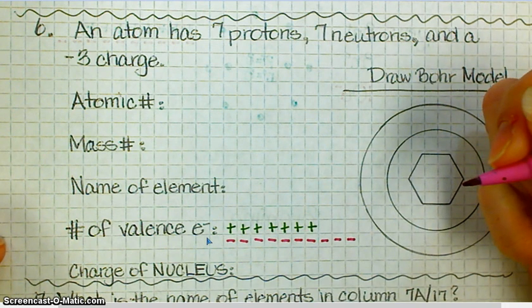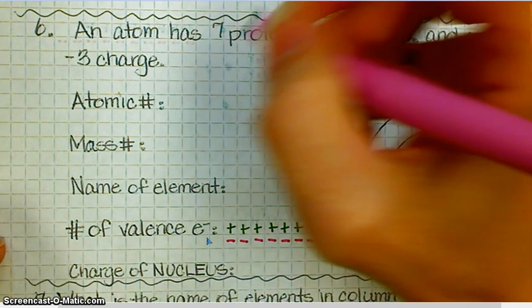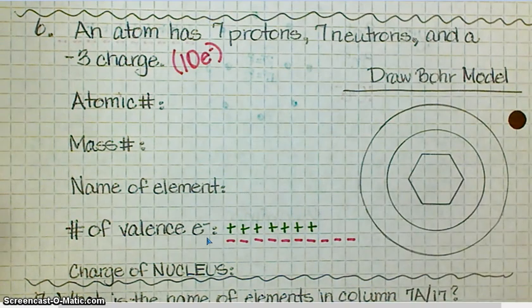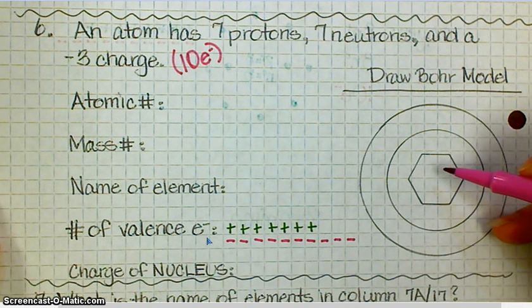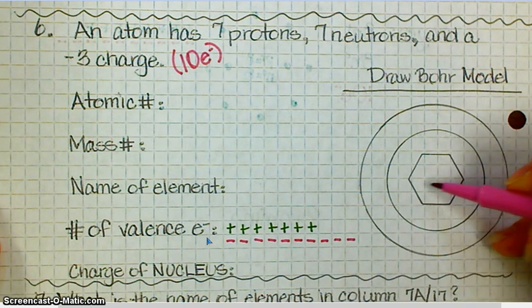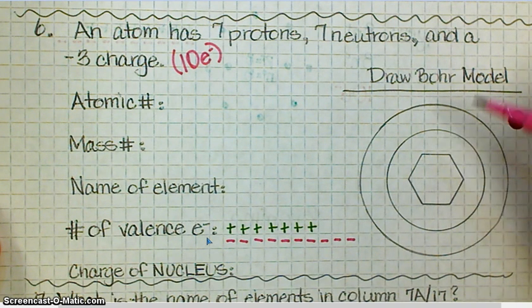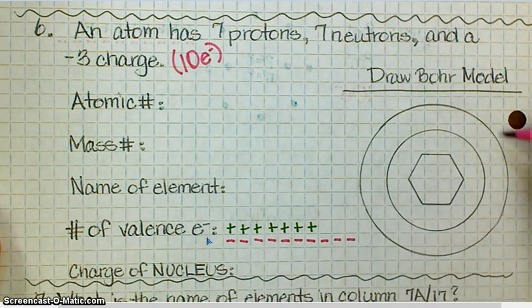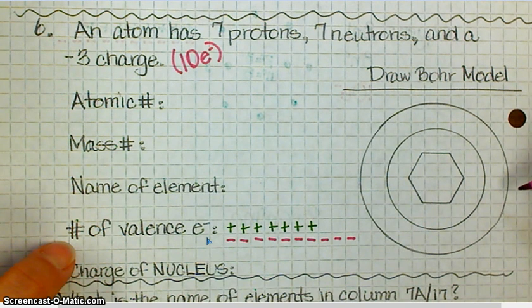So if I count all of those up, I've got a total of 10 electrons, and I need to know the number of valence electrons. Okay? All right. In the little hexagon that represents the nucleus, you're going to put protons equals 7, neutrons equals 7. You can put 2 electrons in the first energy level. And remember, you have a total of 10 electrons, so there should be a total of 8 electrons on that outermost energy level. So the number of valence electrons is going to be 8.